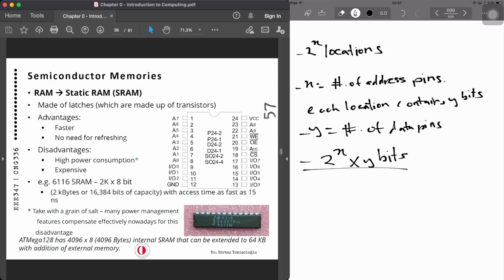Now, when we consider typical SRAMs, as you can see from the diagram as well, we have address pins, A0 to A7. We have write enable, so we have to enable the write enable pin so that we can write on it, or read enable, or OE, output enable, for reading data.